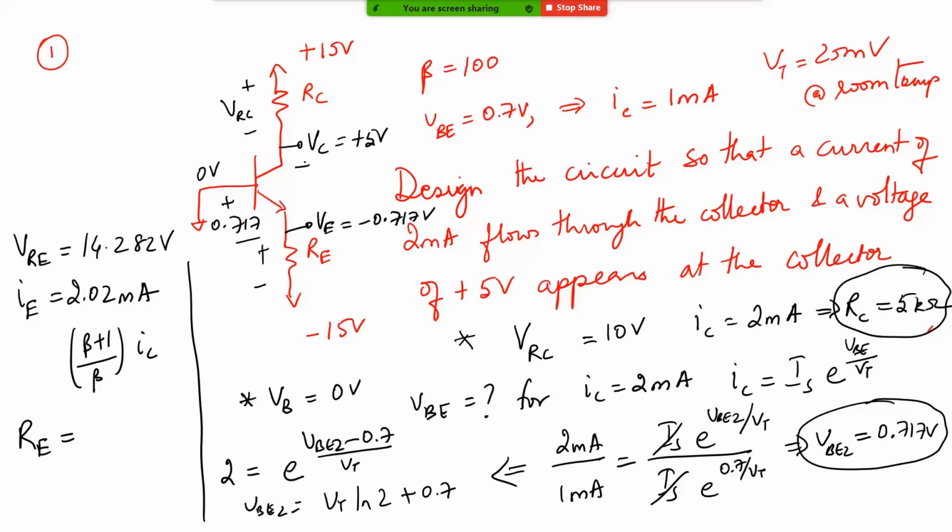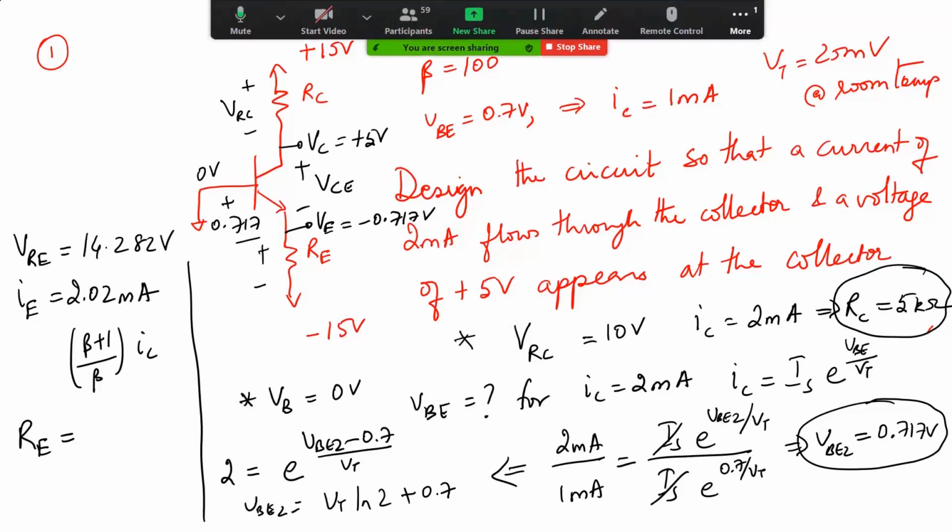See, across, there is some VCE here. And VCE has to be greater than VCE sat, which is around 0.2, 0.3 volt, in order for this transistor to be in the forward active mode. See, sir, what is VC over here?